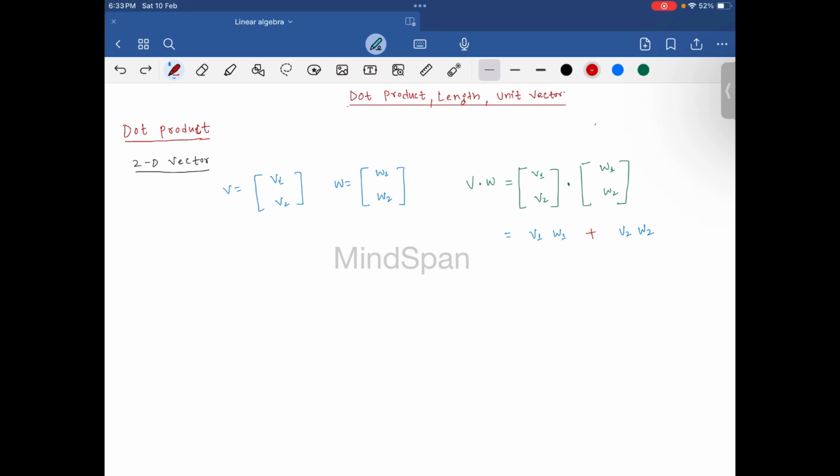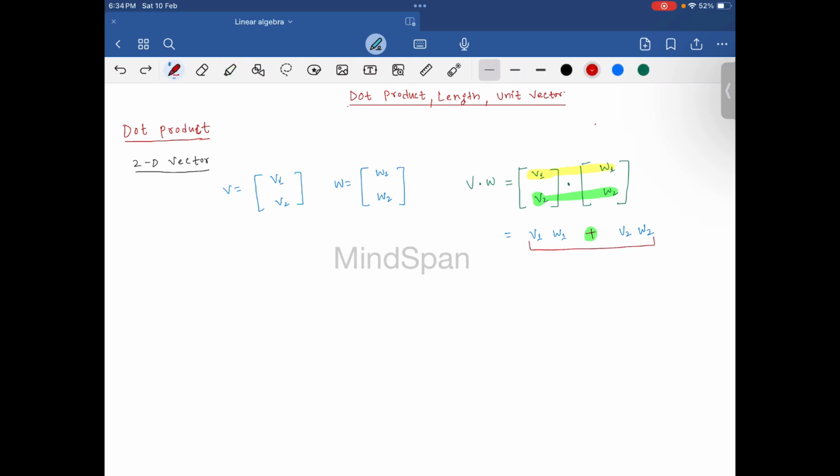This is how we define the dot product, which is the multiplication of two vectors. We multiply these two component-wise and these two component-wise, and then add those products, and that gives you a number.